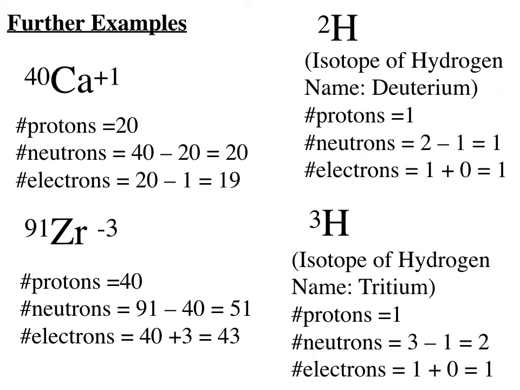Neither of these has a right superscript, so they are neutral in charge, and so the number of electrons equals the number of protons. All H's have one proton, no matter what isotope of H it is, so these neutral atoms have one electron as well. For deuterium, because the mass number is 2, it must have one neutron.